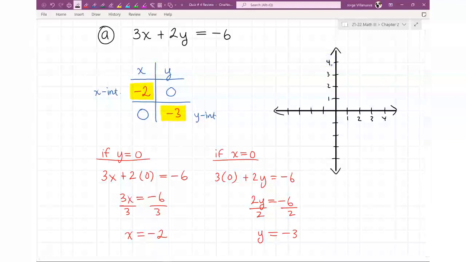And I'm just gonna plot these points here, okay? So -2, 0, and 0, -3. I'm gonna put those on my graph. Okay? So -2, 0 is right here. And 0, -3 is right here.